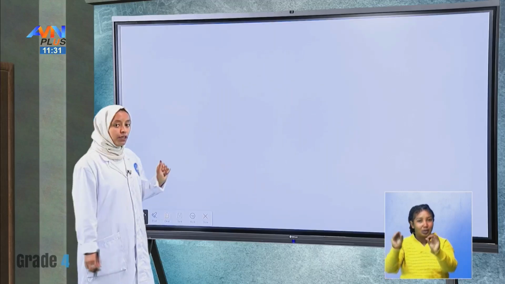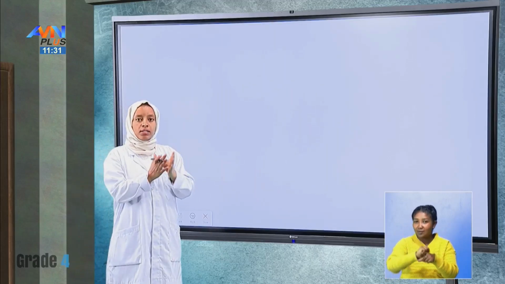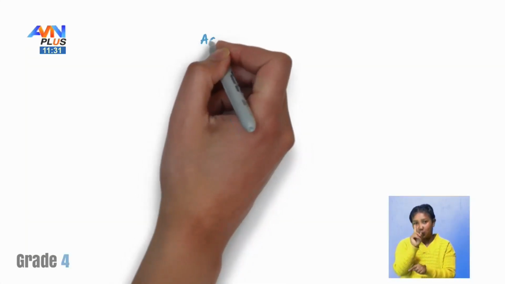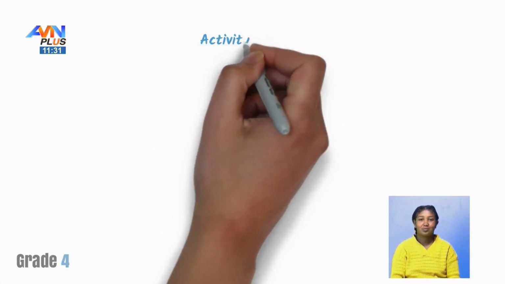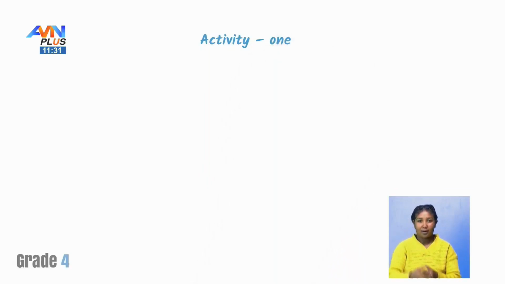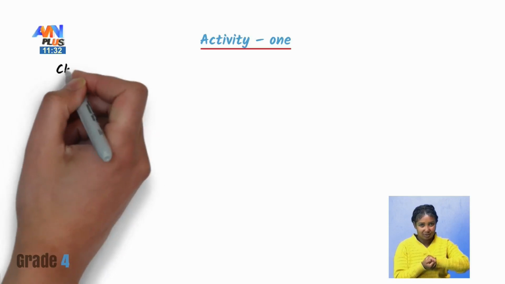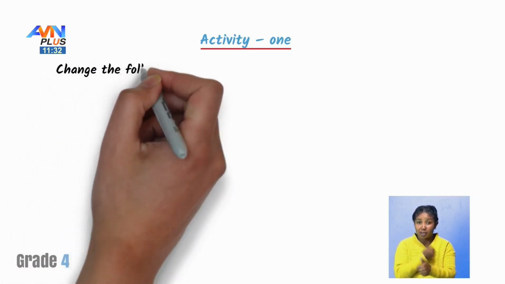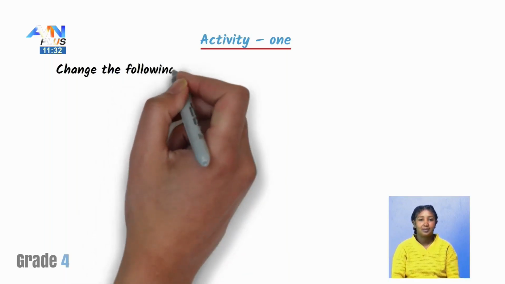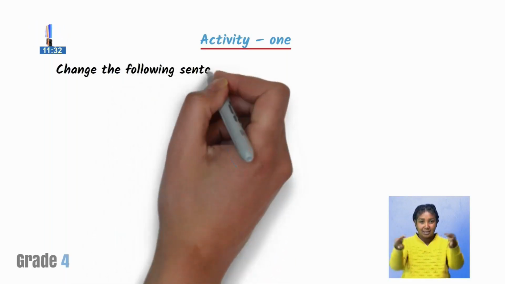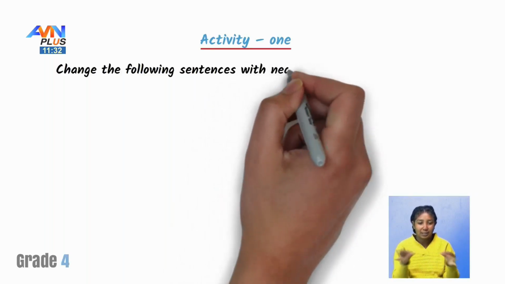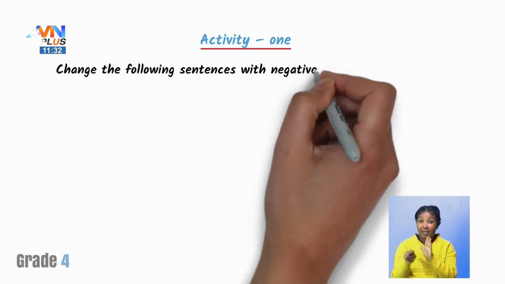Students, let me give you one activity and practice simple present tense. So this is activity 1. Change the following sentences with negative and interrogative form.